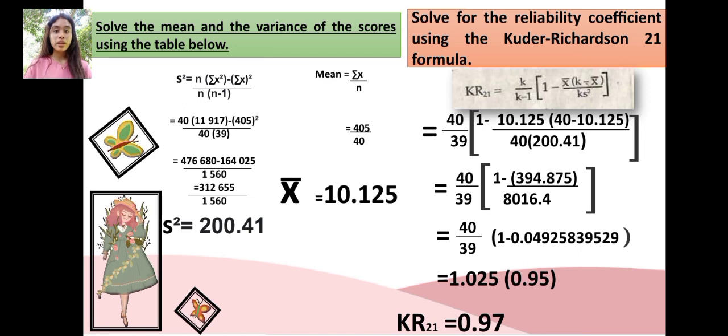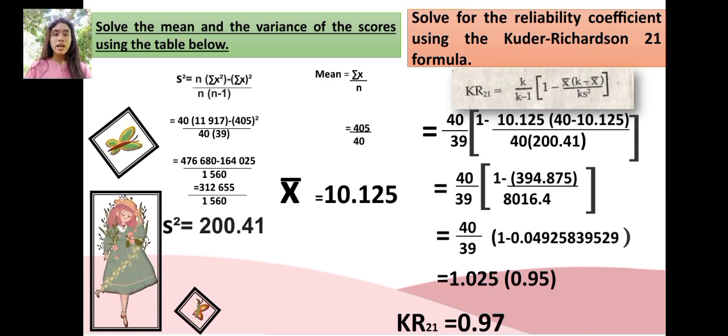Then over n, our number of items is 40, and 40 minus 1 is 39. So we are going to compute now. First, 40 items times 11,917 is equal to 476,680.